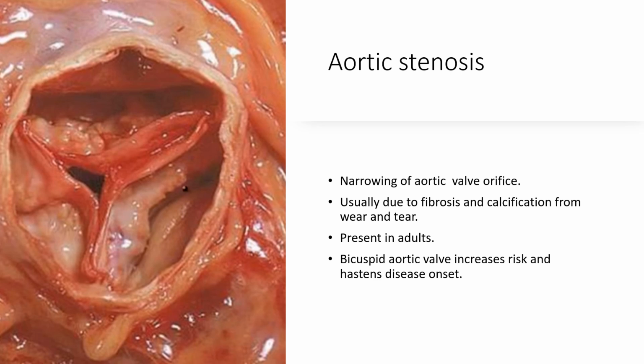So what do we know about the aortic valve? The aortic valve is a tricuspid valve. As you can see in this diagram, there is one, two, and this is three. We have three cusps of the aortic valve, but congenitally some people have only two cusps, which also increases the risk of aortic stenosis.